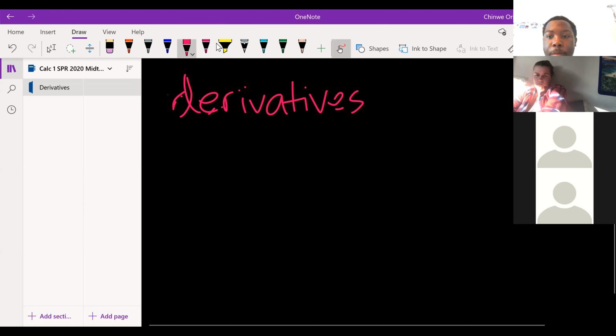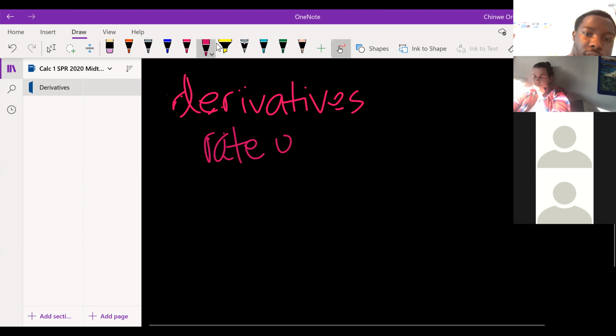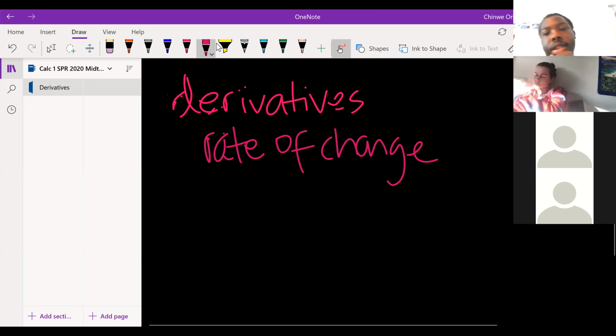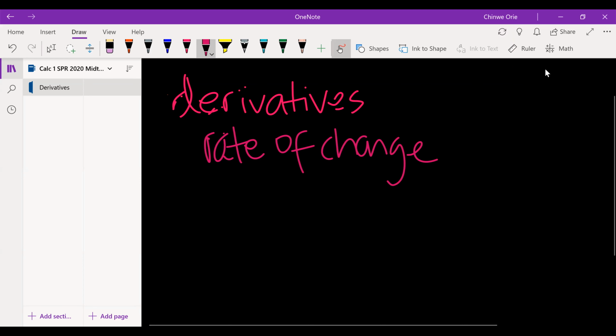A derivative is a rate of change. That's the underlying theme of it. And then we have some simple rules that we normally use to figure out what that derivative is.